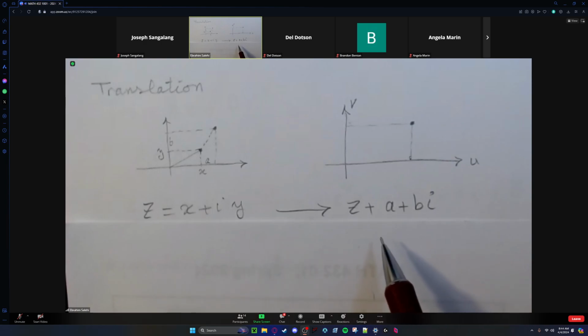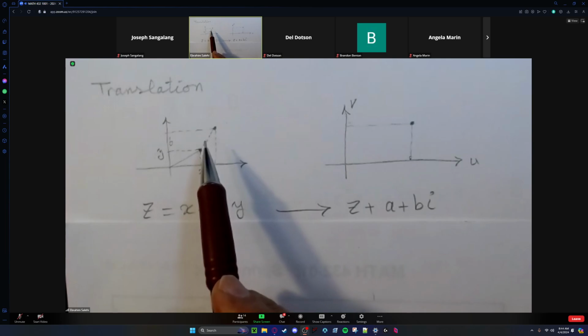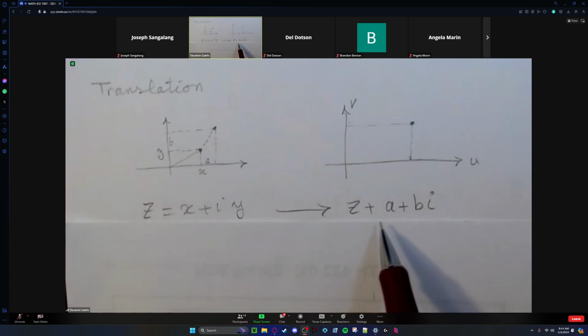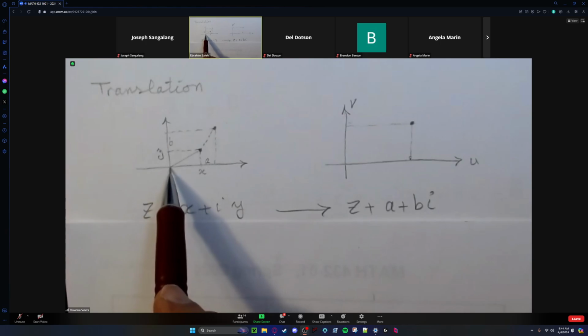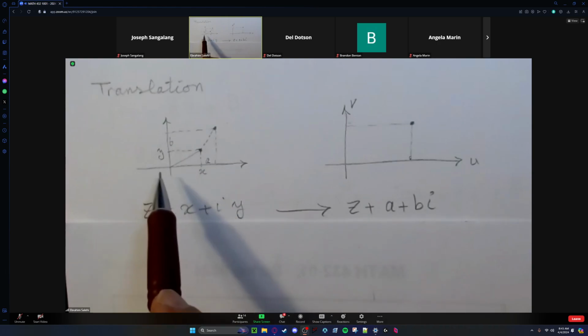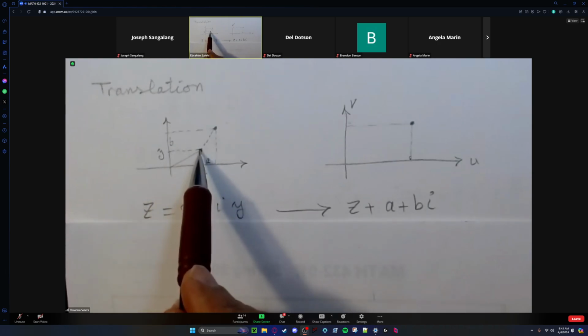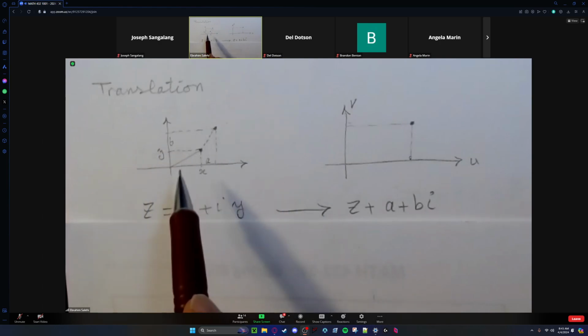You simply move Z to another point by adding a number a plus bi. So if this is x, you are adding a. If this is y, coordinate of z, you are adding b. So you get to this point, all right?